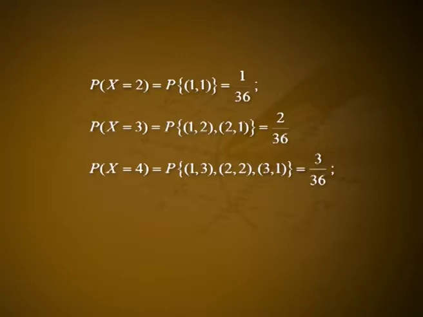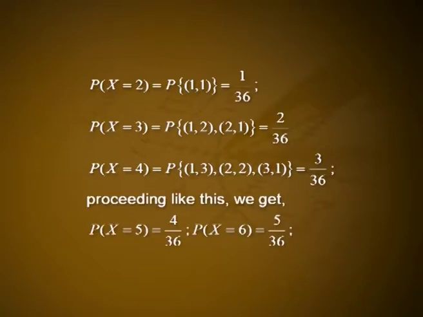12. If the given dice are unbiased, the probabilities for various values of X can be assigned as P of X equal to 2, that is equal to P of (1,1), that is 1 by 36, P of X equal to 3, that is equal to P of (1,2), (2,1), that is equal to 2 by 36, P of X equal to 4, that is equal to P of (1,3), (2,2), (3,1), that is equal to 3 by 36.